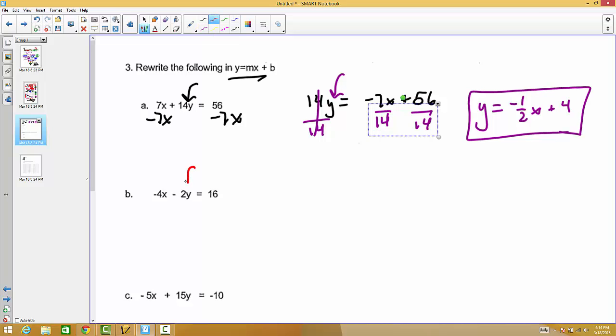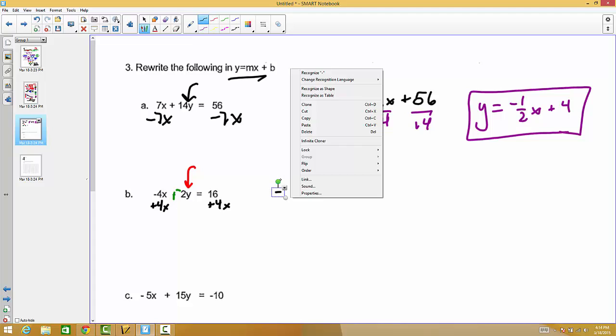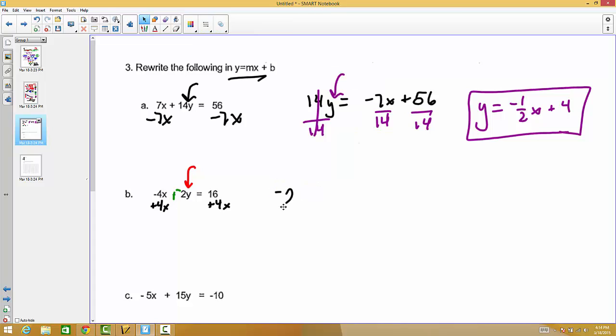Next up, that y wants to be alone. We're also super duper watching this minus. I would slash and dash and make it plus a negative. The first thing you're going to move is this 4x right here, and you would need to add that because it's a negative 4x. So negative 2y is equal to 4x plus 16.